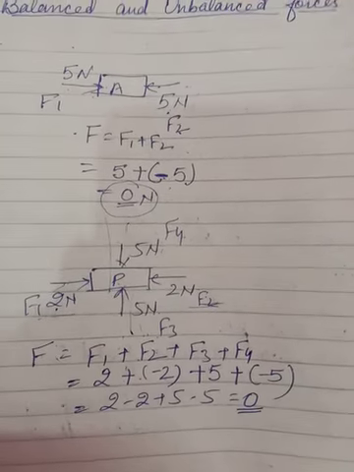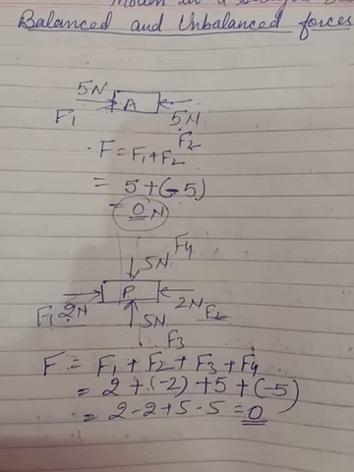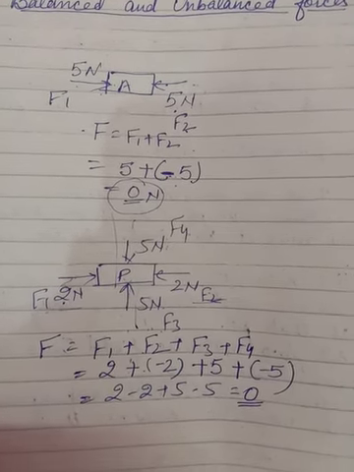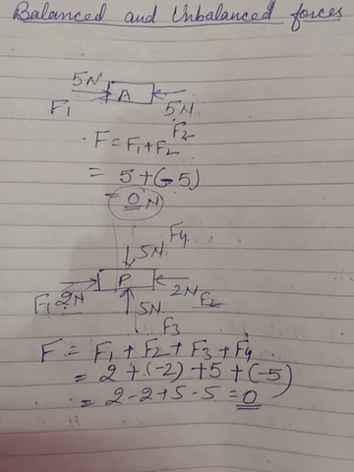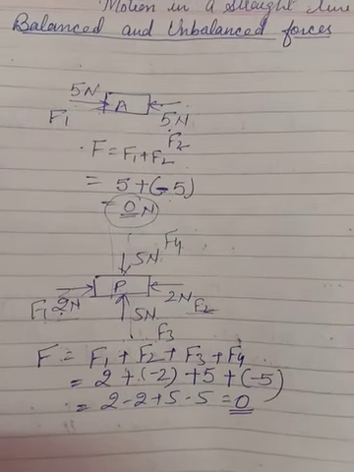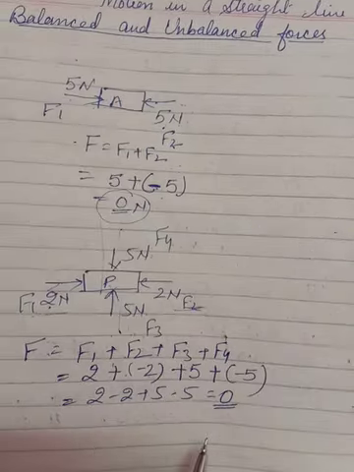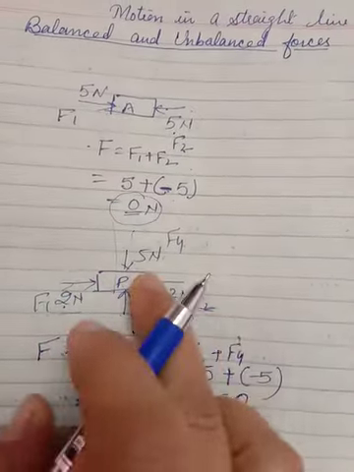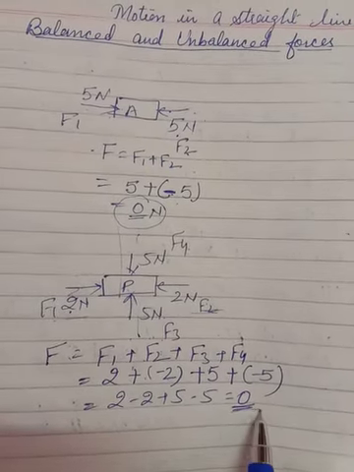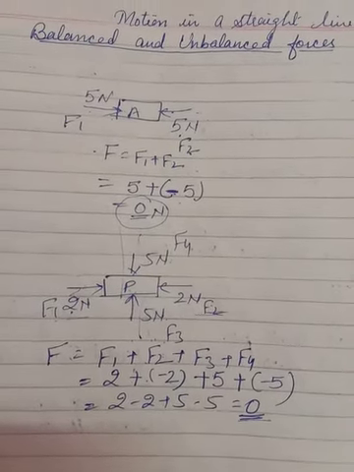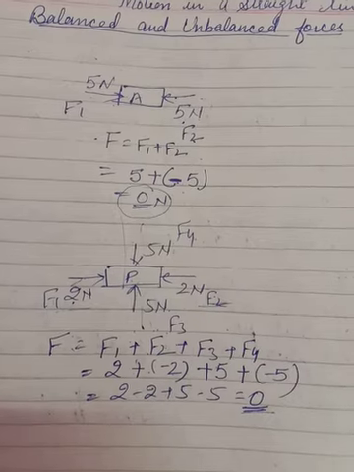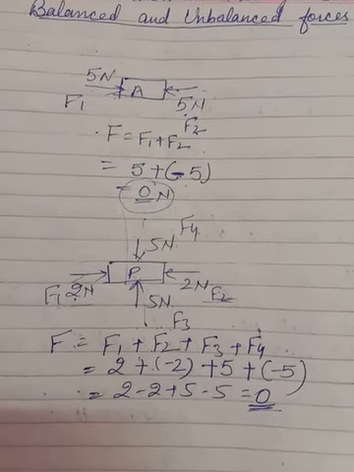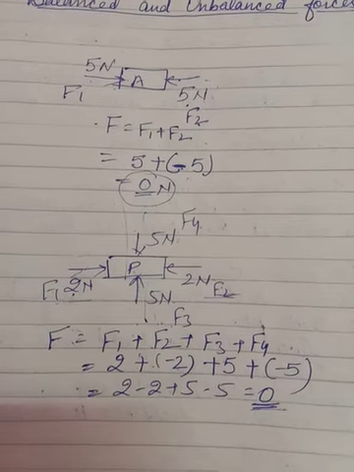And always remember one thing, these balanced forces do not make any difference in the state of motion of any object. If the object is stationary, like your car, and a number of forces are acting on that object, but the net resultant force is 0, then it will not create any change in the state of rest of that object.